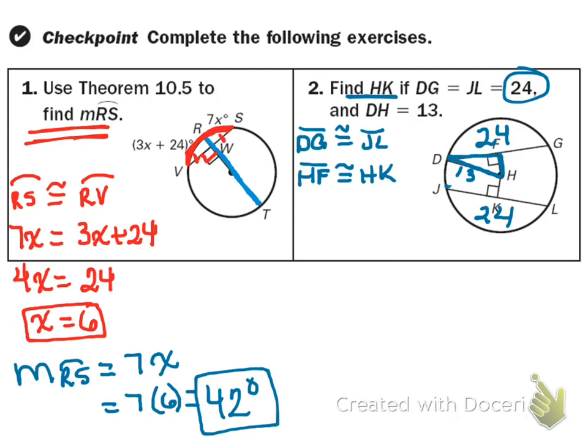Notice that using the piece DH they gave us, HF, and this segment DF, we have a small right triangle. Because this segment HF is a part of a diameter, remember when a diameter is perpendicular to a chord, it bisects a chord.